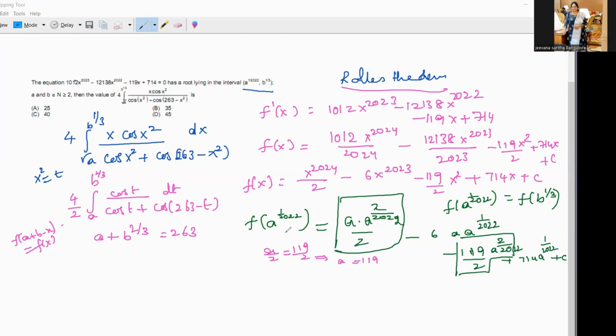Substituting a as 119 in the equation, f of a raised to 1 over 2022 is c. And simultaneously, when I plug in a as 119 here, I will get b raised to 2 by 3 as 144.